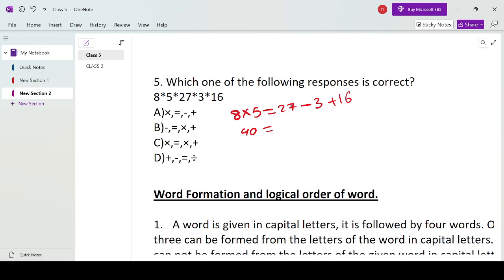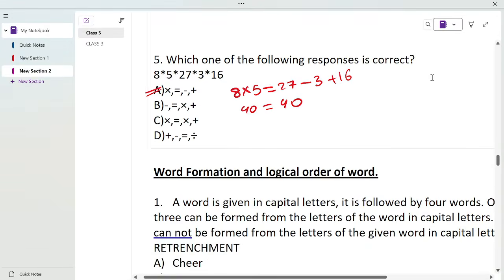We can do it in any style. 27 minus 3 will give us 24. 24 plus 16 is nothing but 40. So A is right. The other options you can check, and definitely you will get them wrong. So that's all about symbols and notation.